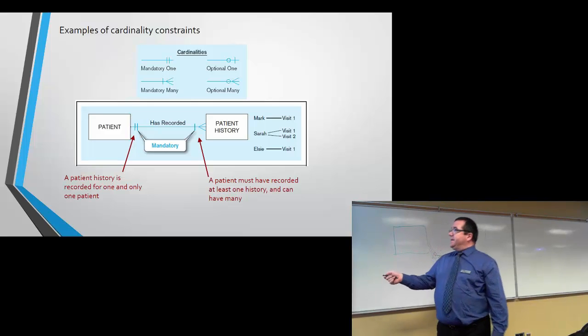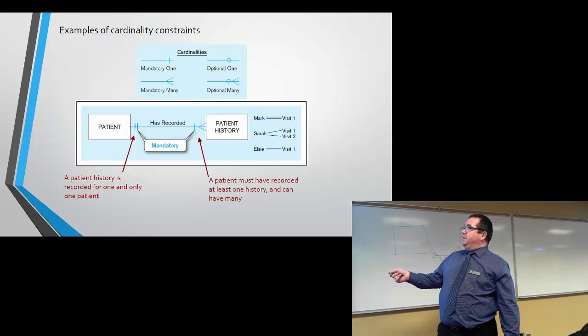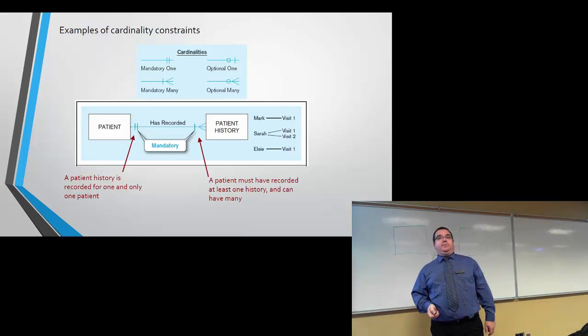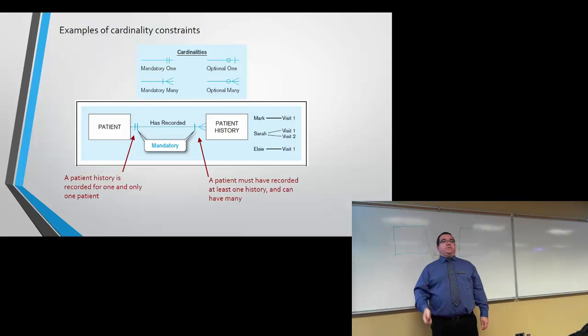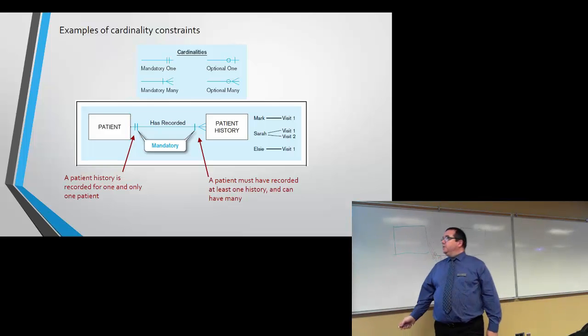So on this diagram, you've got a patient and a patient history. It means that a patient history must have a patient. In other words, you can't put in a patient history without a patient.